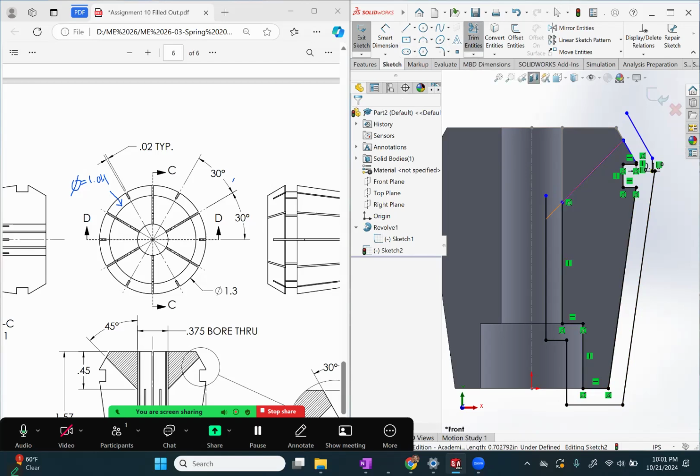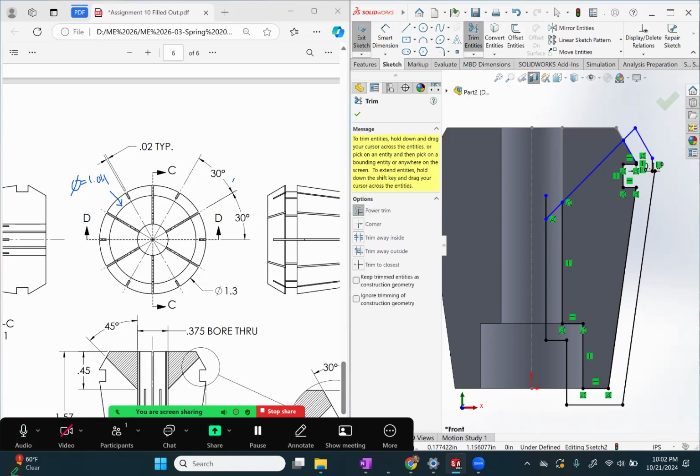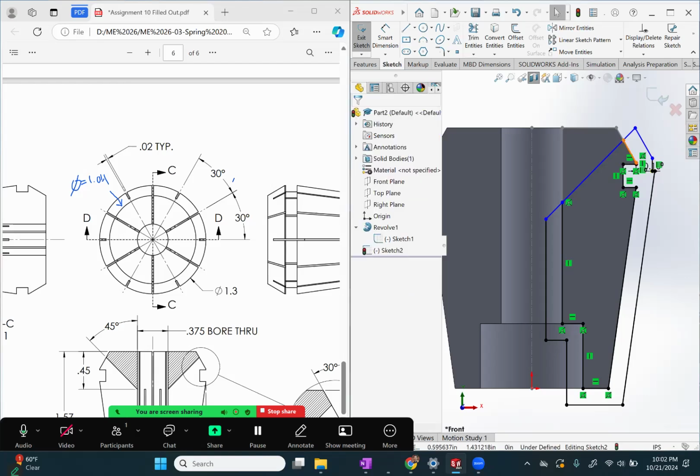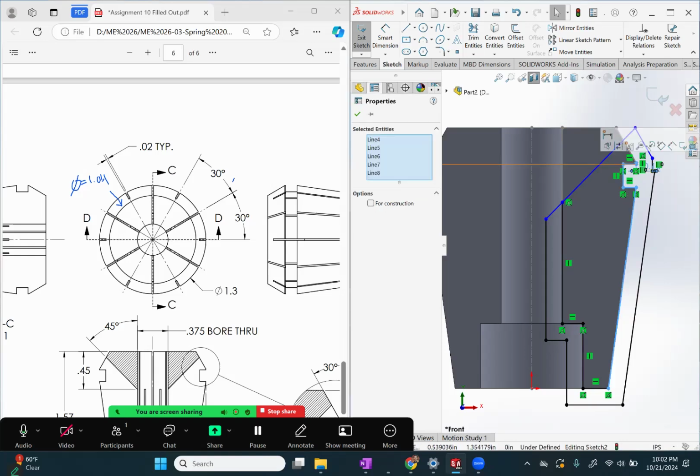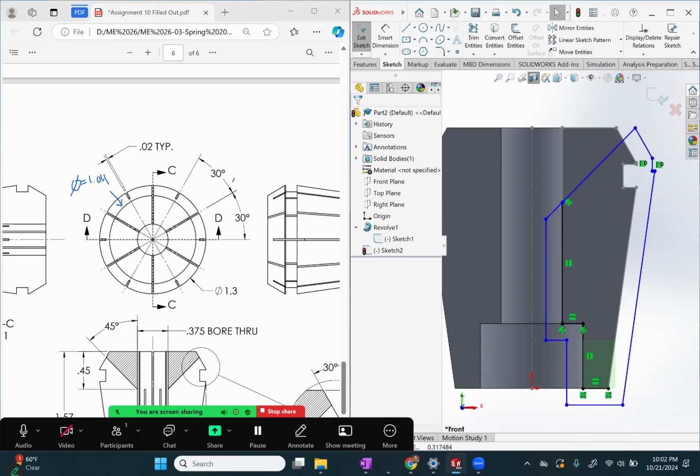So what I could do here is extend this line out to intersect with these lines that I just offset. And then I could trim those pieces and also go back and delete all of the interior lines that I will no longer be needing. So now I have an open region.